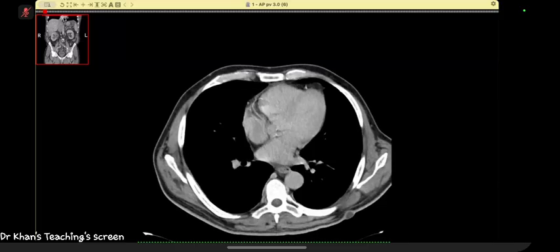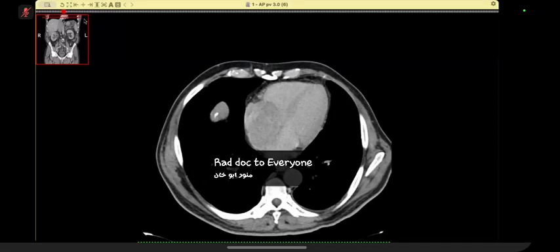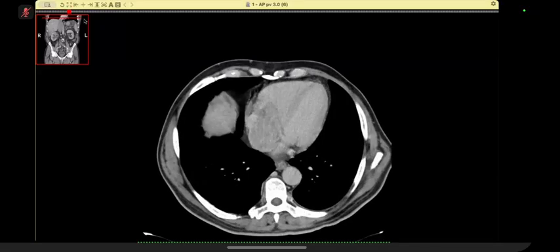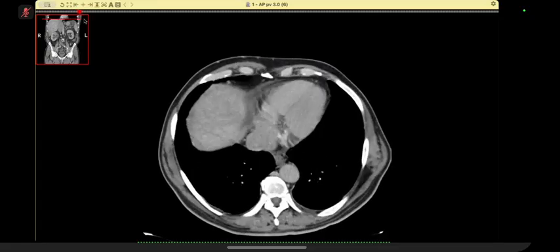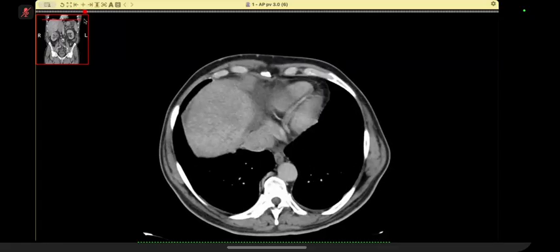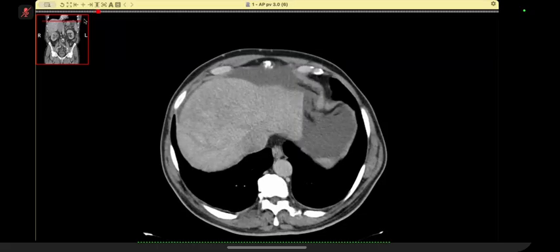So I've been provided with axial CT abdomen, including lung bases, post-contrast CT abdomen in portovenous phase of a young female who is losing weight and is a known cardiac patient. I'll take a moment to scroll through the images quickly and then start presenting my findings.